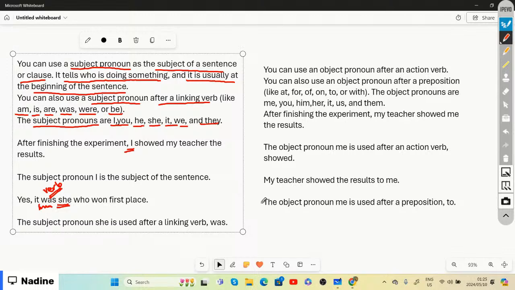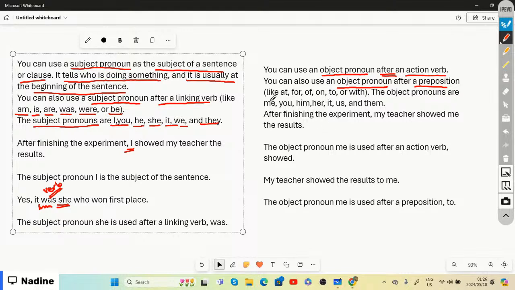That is subject pronouns. But then we also have object pronouns, right? And we can use an object pronoun after an action verb. You can also use an object pronoun after a preposition. So just to clarify again, we can use an object pronoun after an action verb, and we can use an object pronoun after a preposition.